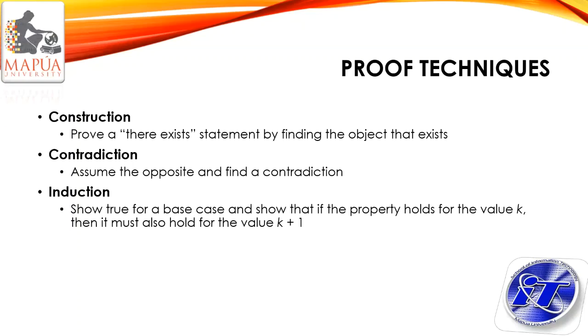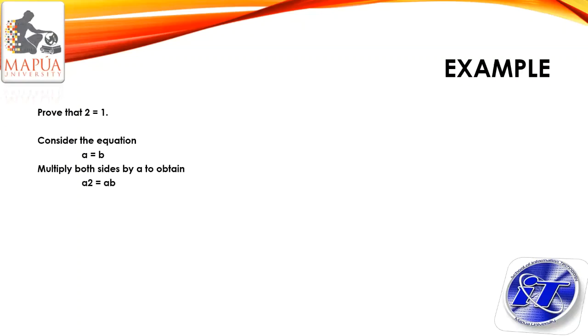Okay, so let's have this example. We're going to prove that 2 is equal to 1 based on what we have discussed in discrete math. So prove that 2 is equal to 1. Consider the equation a is equal to b. Multiply both sides by a to obtain a squared is equal to ab.